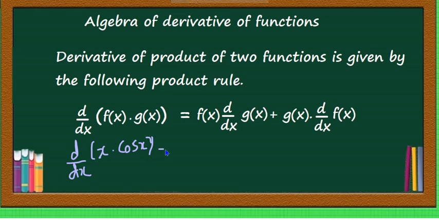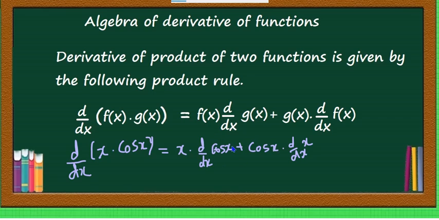First function f of x here is x, into d by dx of g of x, where g of x is cos x, plus second function cos x into d by dx of the first function, which is x. And this is the application of the formula.